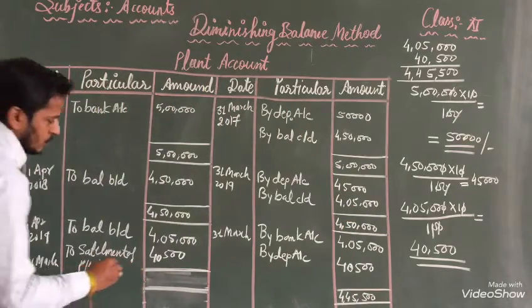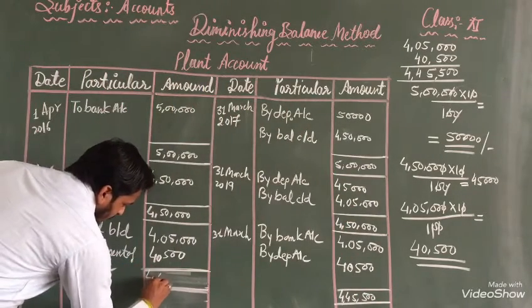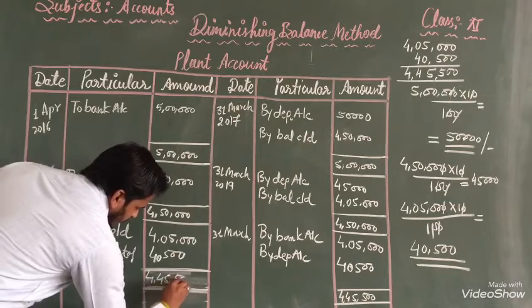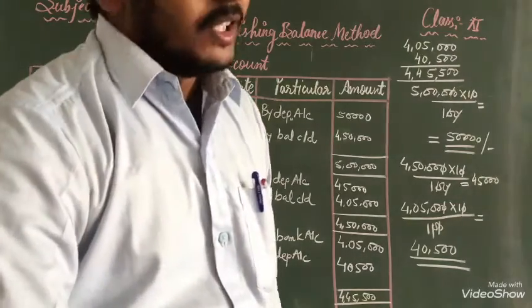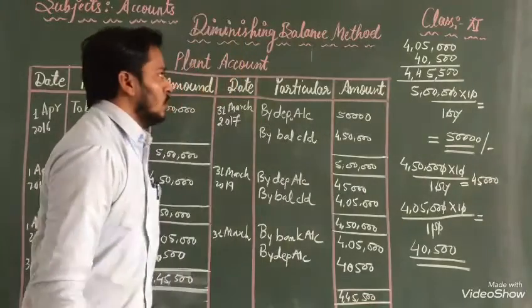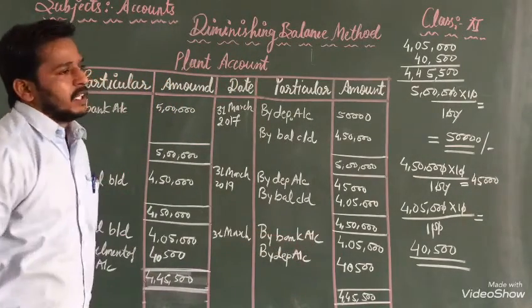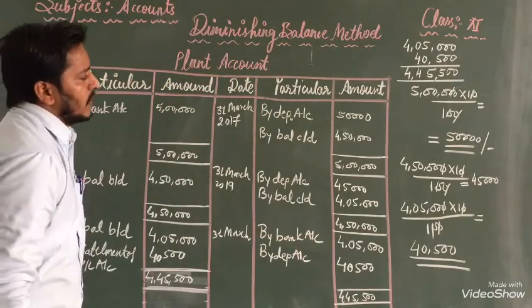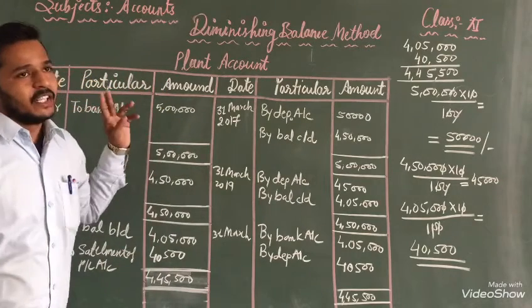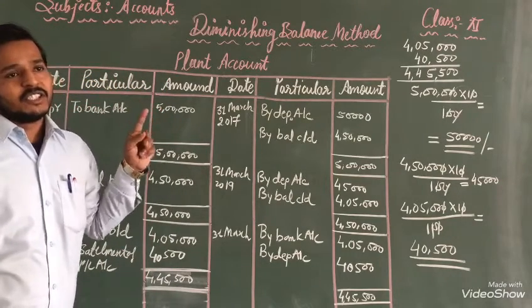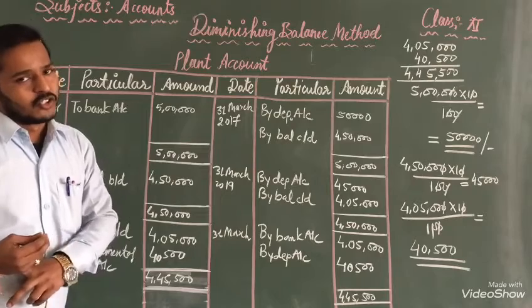Second balance is also 4,45,500. With the help of this video, this lecture, you can know this is the diminishing balance method. With the help of that, you can calculate your question with the help of the second process. This process is an important part for your questions.